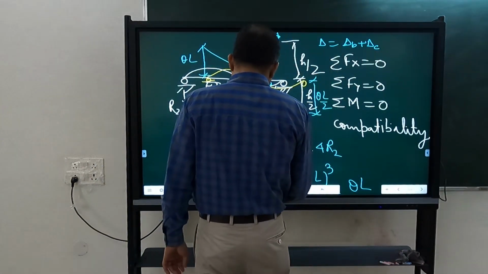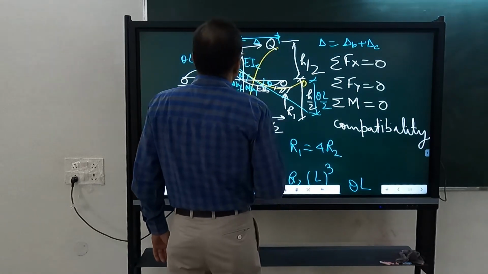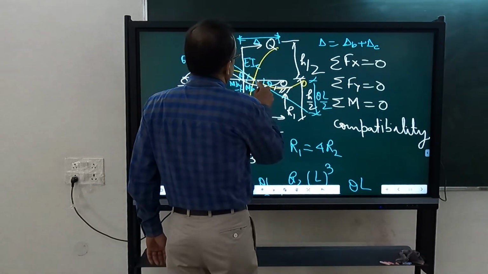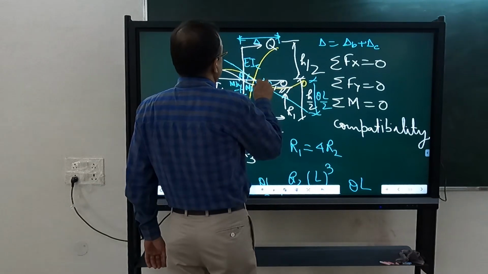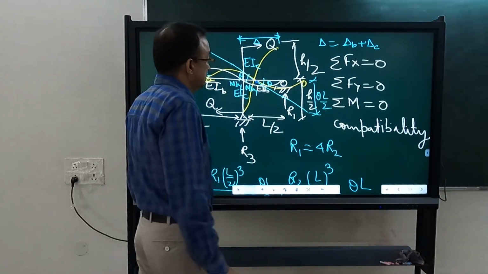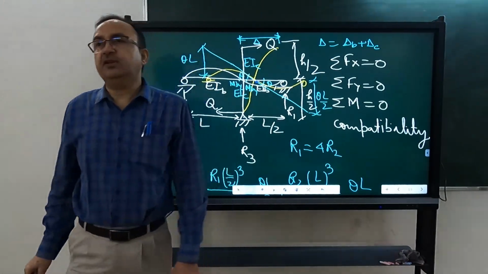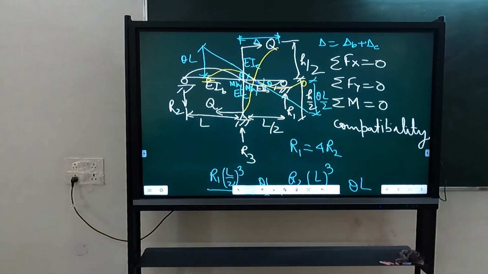So the hinge forms here. Now you can see that even if the hinge forms here, it has not become a mechanism. Still, it can take more force. Okay.